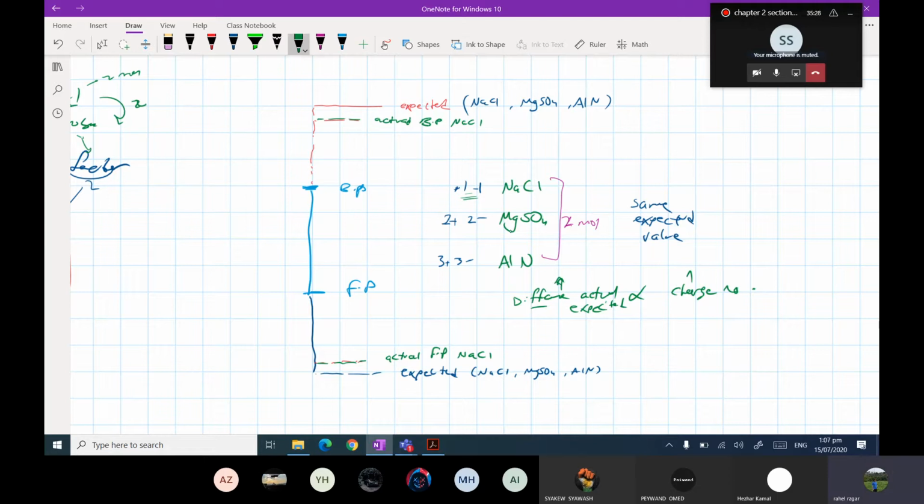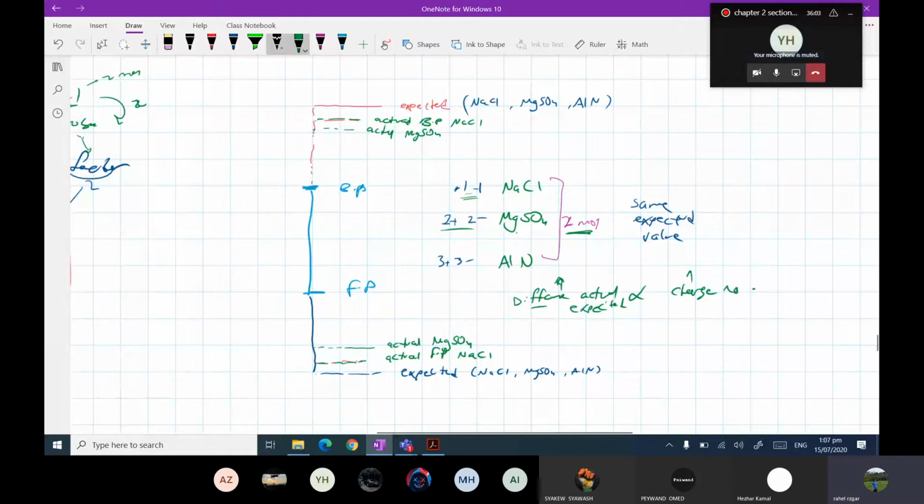Which one comes next? MgSO4 comes next, with 2 plus and 2 minus. Even though they have the same mole, since the charge is different, actual MgSO4 must be here for freezing point, and for boiling point actual MgSO4 is here.